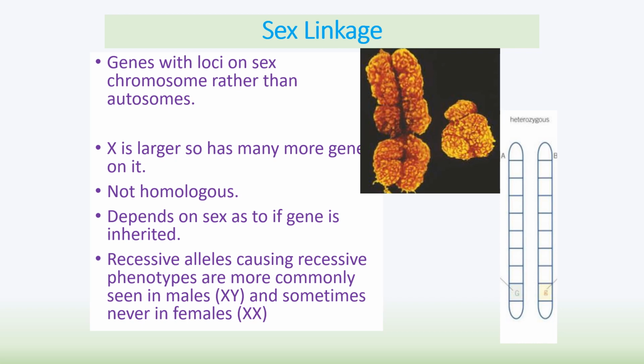The X is big, so it has many more genes. It's not homologous because there isn't another one in males. So the inherited pattern will depend on whether you're male or female. Genotypes that are recessive are more common in males because you only have the X chromosome once. If you have a recessive copy, you don't have another version of it on the Y chromosome, and therefore it will show in your phenotype.